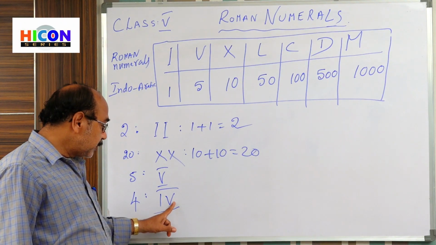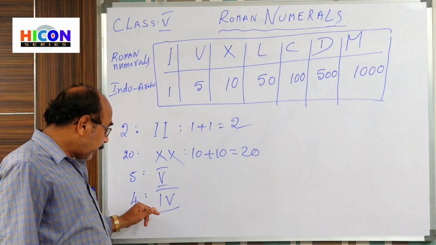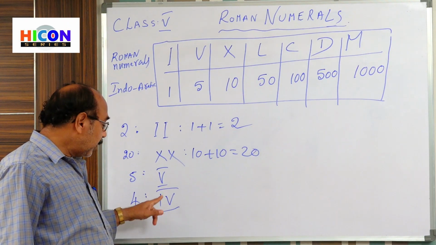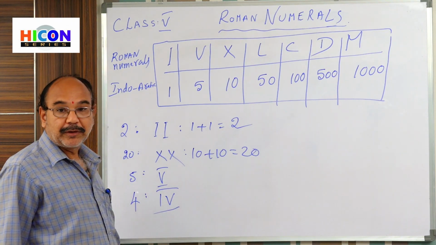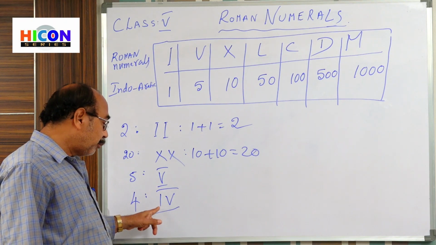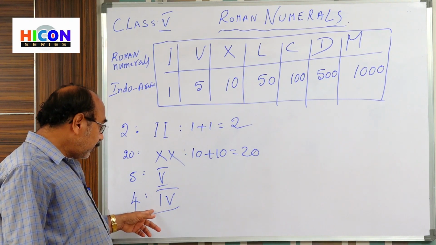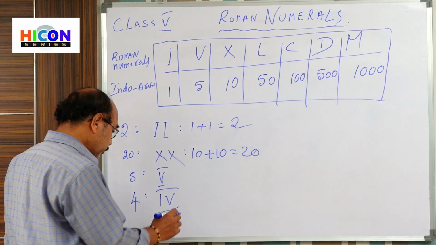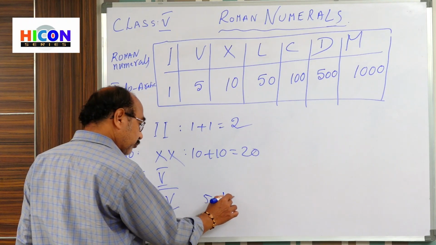Here V is the bigger one, I is the smaller one. Here I wrote the smaller one to the left of the bigger number. If we write a small number to the left of the bigger one, then subtraction. That means here 5 minus 1. 5 minus 1 means 4.